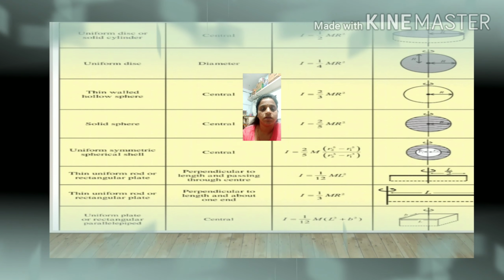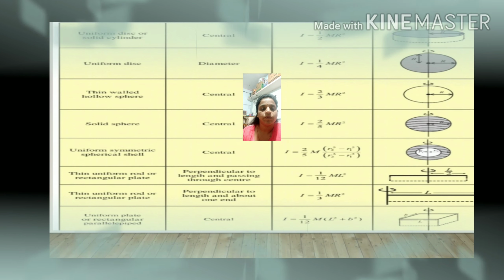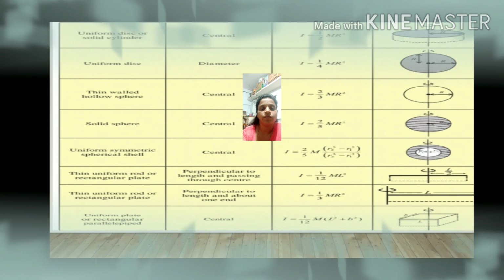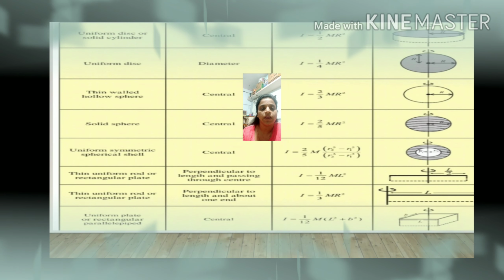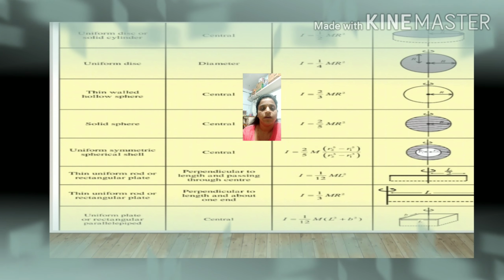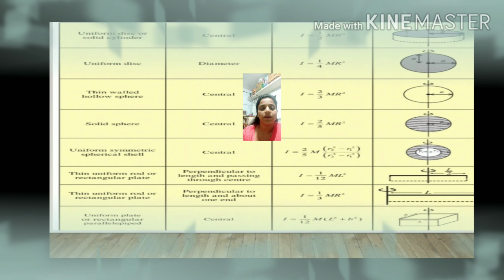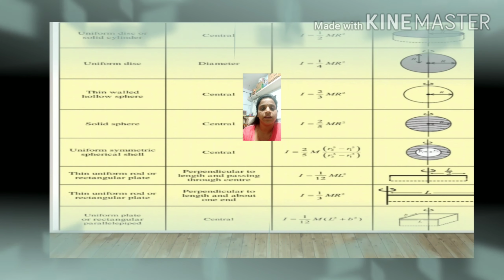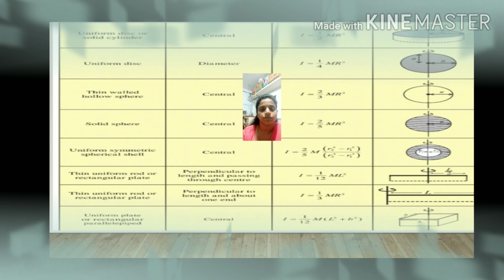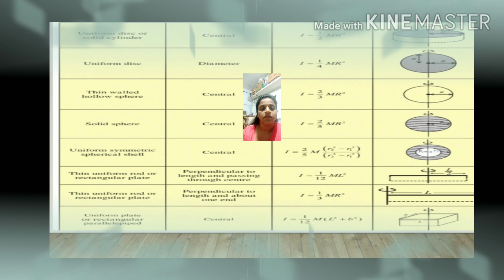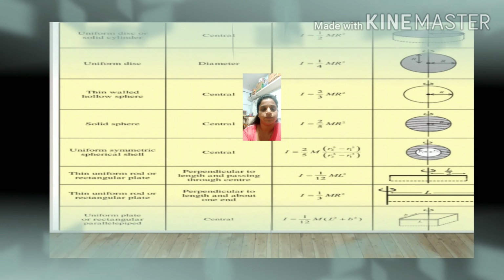So the expression is I is equal to 2 by 5 m (r2 raised to 5 minus r1 raised to 5), and in the denominator r2 raised to 3 minus r1 raised to 3, r2 cube minus r1 cube. In the figure, the inside radius is r1 and the outside radius is r2. So we have subtracted the smaller radius from the bigger radius in the expression.